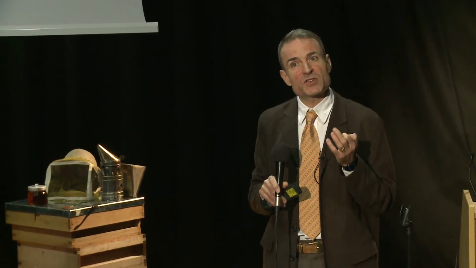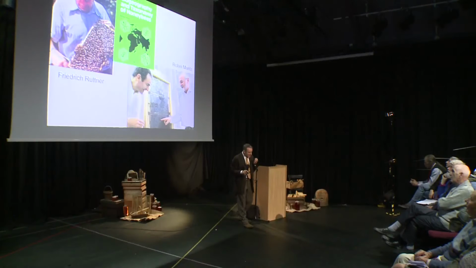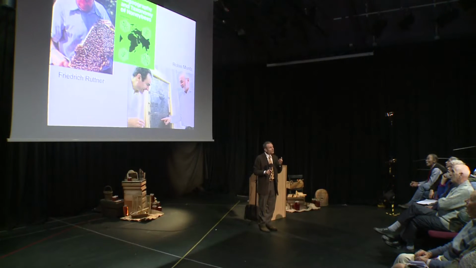Now I'd like to talk further about just the true honeybee species. Those are the species within the genus Apis, and not only the honeybee species, but also subspecies within Apis mellifera, the western honeybee, which is the species that we work with.